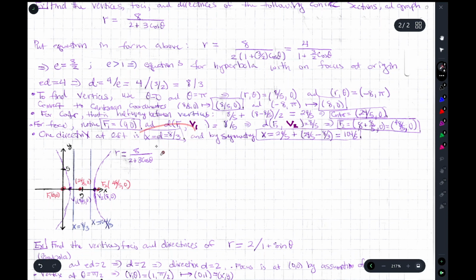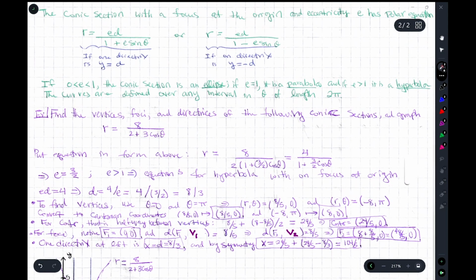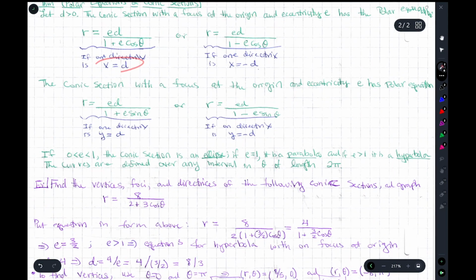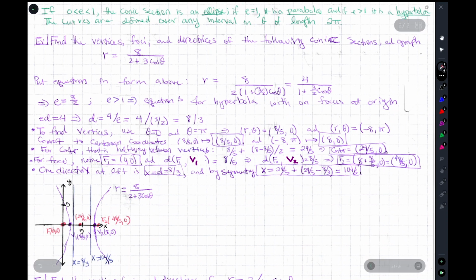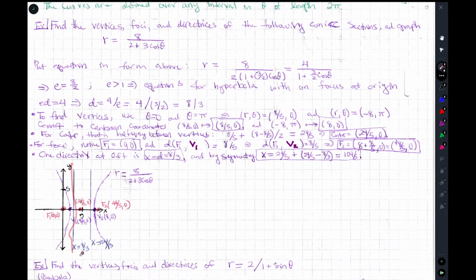And the directrix, well, that's just coming from that standard equation there, okay? We have that x equals d for that form. And we found d to be equal to 8/3. And the second one, by symmetry, again, you're going to have an equal distance between the directrices and the center.